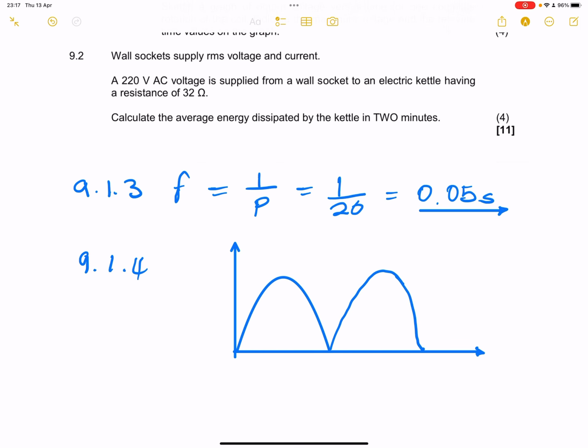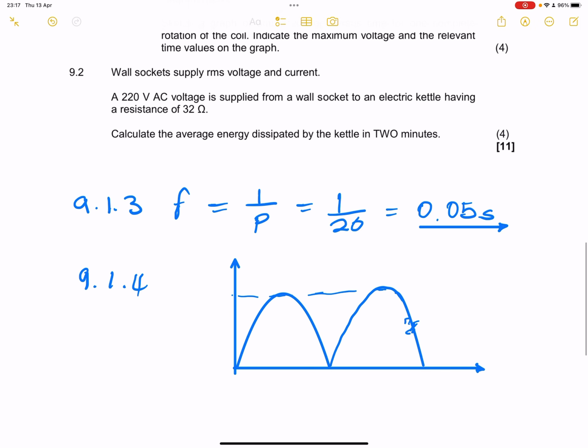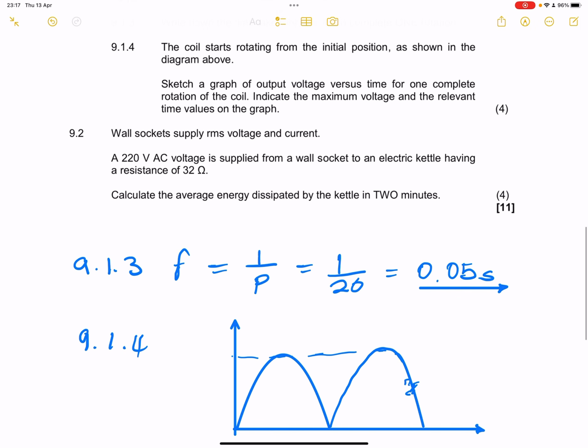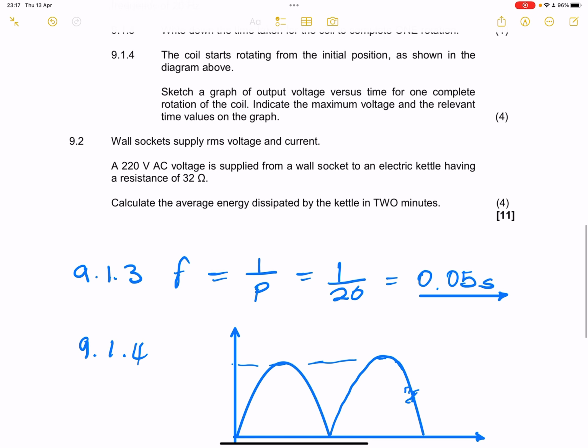So this is what one cycle would look like. The peaks are supposed to be at the same position. Sorry about that. We know that we would have a maximum voltage there, so that would be V max.